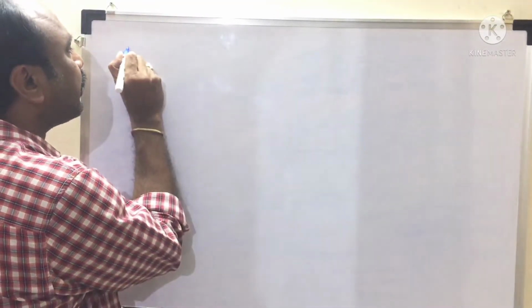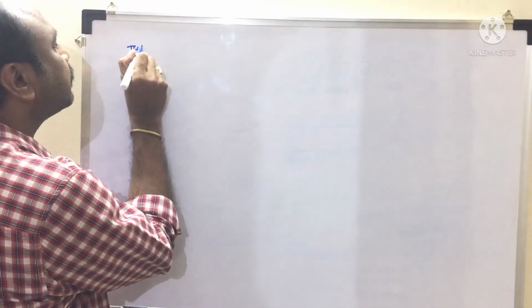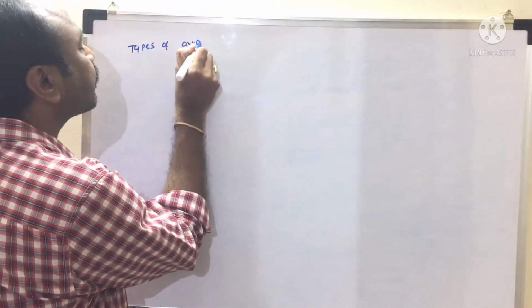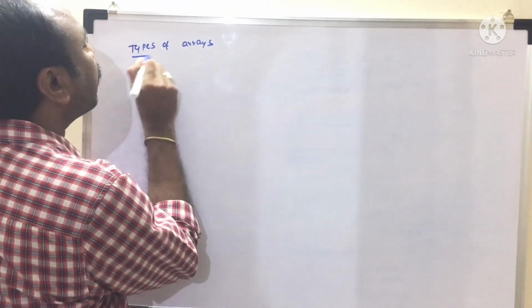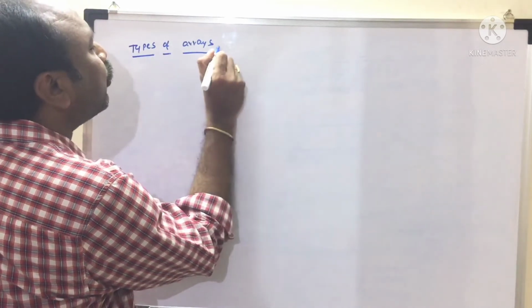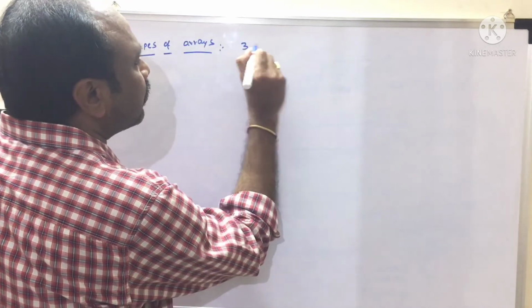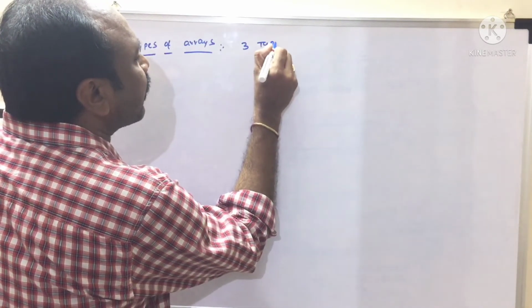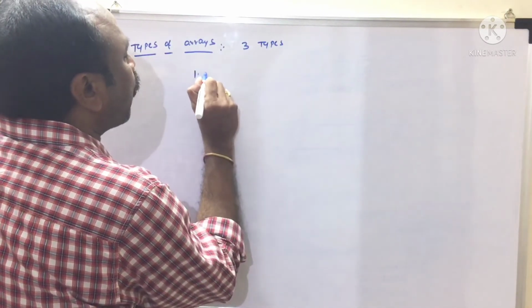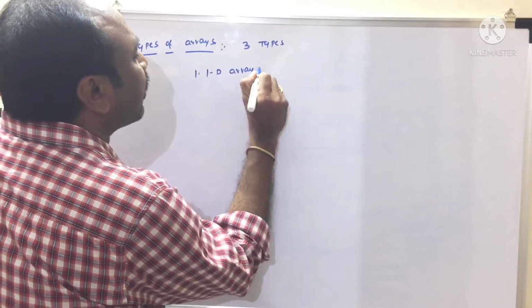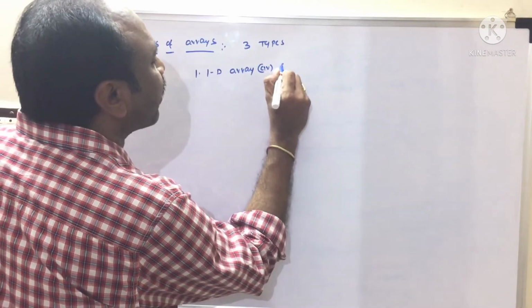Next one is types of arrays. Actually, most of the books tell you only 2 types of arrays, but there are 3 types of arrays. Number 1, one-dimensional array, 1D array, or single-dimensional arrays.